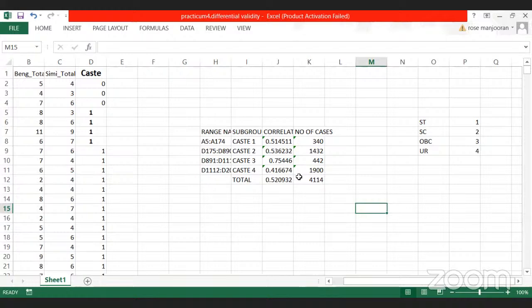So what we are interpreting here is that the test is actually biased toward caste 3, that is the OBC. Usually when we do a test, it should be the same. It should not have any bias. But in the case of Bengali total and similarity total, we can see the test is actually biased toward caste 3, that is OBC. Is it clear?